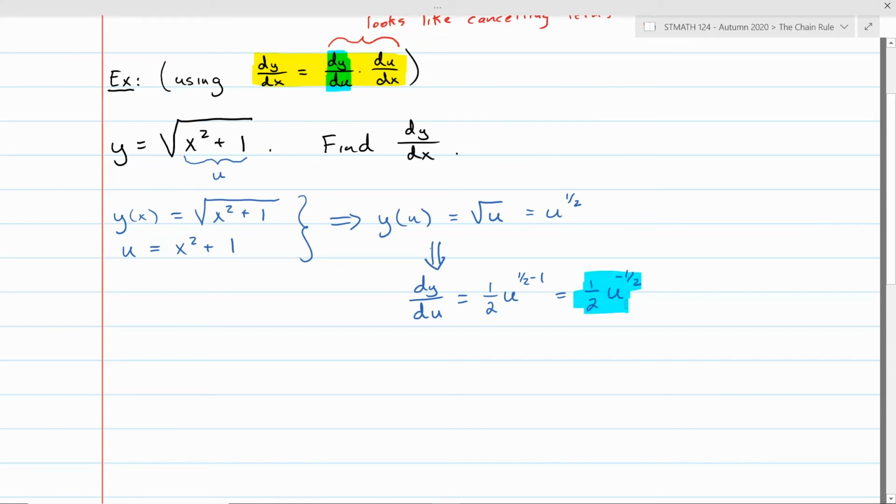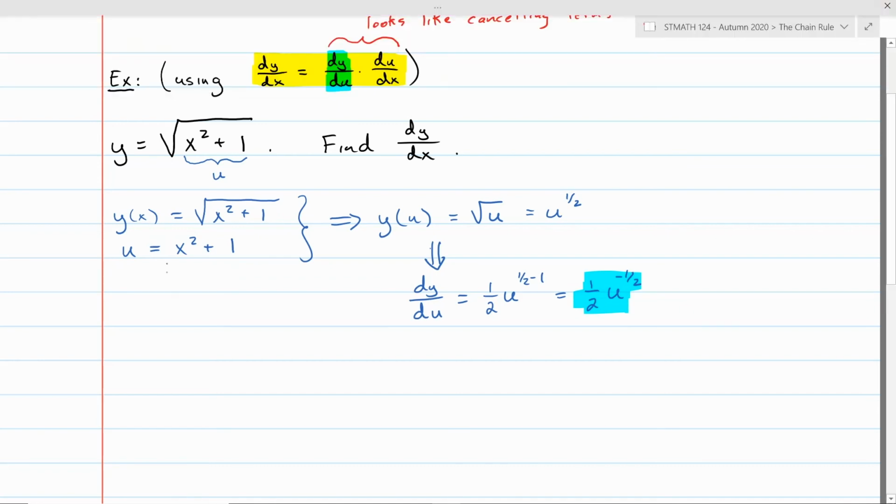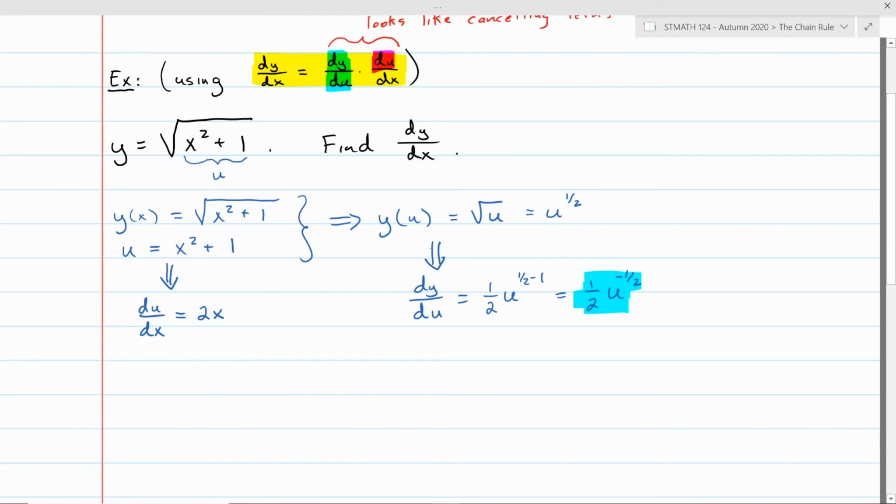And the second bit that you need is du dx. Well, we've got u sitting there, and it's written as a function of x, so we can compute du over dx from that bit. du dx just means take the derivative of that expression with respect to x, and that'd be 2 times x plus 0. So now this bit right here in red, we've got.